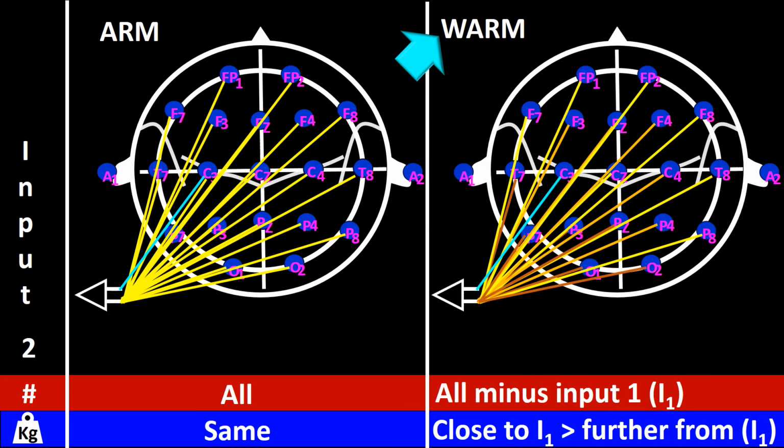On the other hand, when we use weighted average reference montage, the number of electrodes coming through input 2 of each amplifier does not include the electrode coming through input 1. And in addition, the weight of the electrodes entering through input 2 varies according to their proximity to the electrode entering the differential amplifier through input 1.